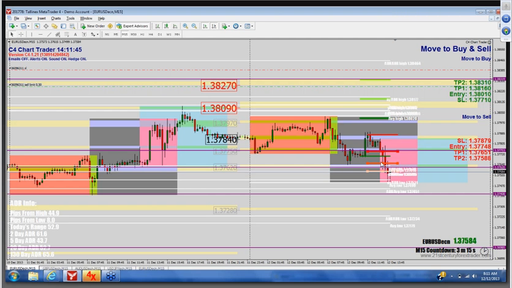So we're going to keep those about 1-to-1. We're looking for this to pull back to this Asia low and look to sell off of the Asia low, keeping our stop loss about 11 pips and looking to take profit at about 10, 11 pips. So we'll sell that one.